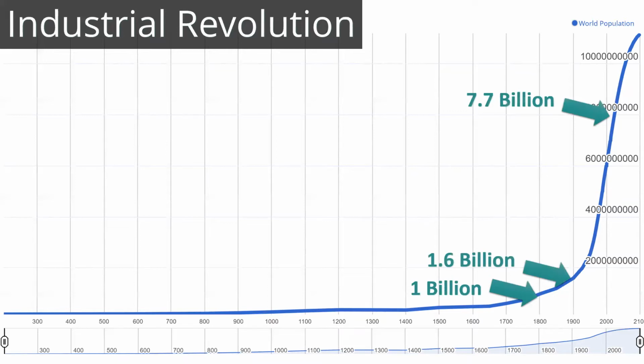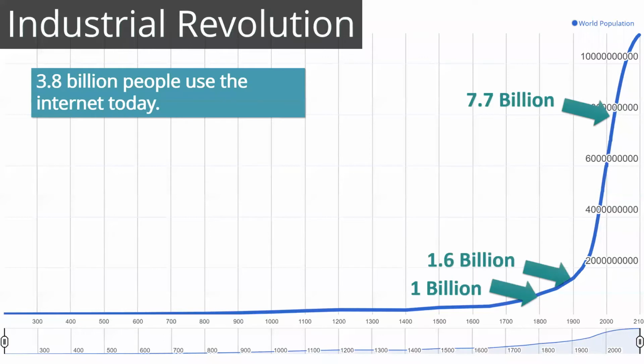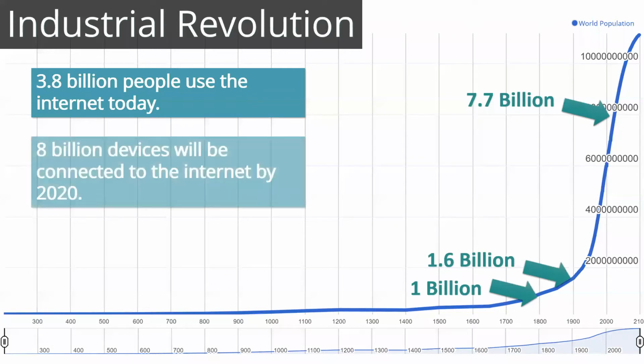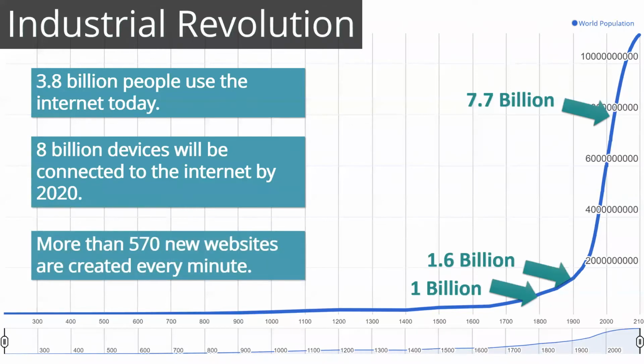I mean, we almost 7x this number. So when we think about this, there's 3.8 billion people that use the internet today. There's 8 billion devices that will be connected to the internet by 2020. And more than 570 new websites are created every single minute.